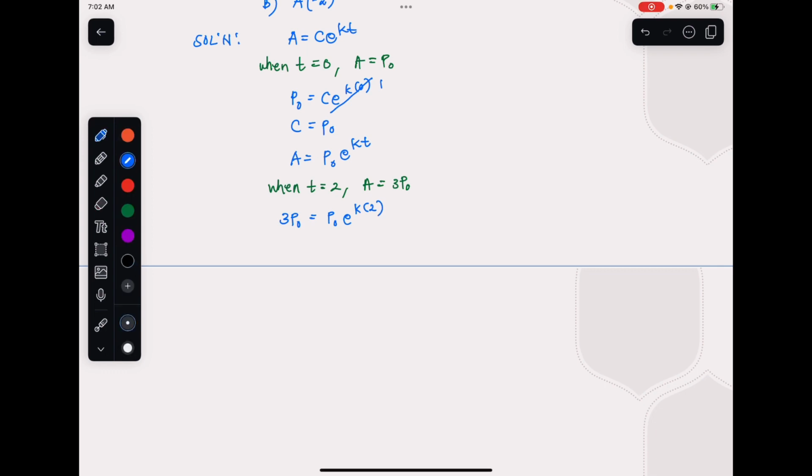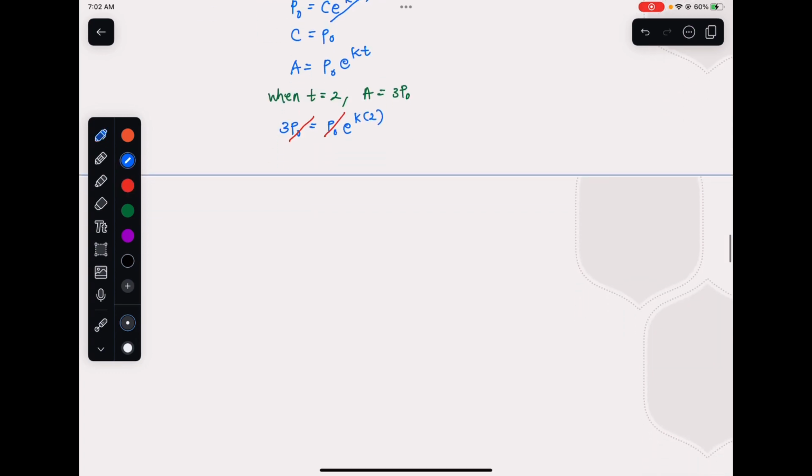And P sub 0 will be cancelled out. So we take the natural logarithm of both sides. So ln 3 and ln e^(2k). This becomes ln 3 is equal to 2k, and thus k is ln 3 all over 2.